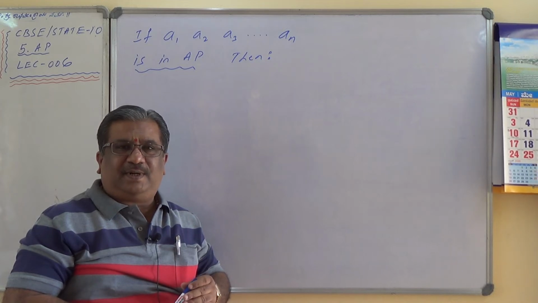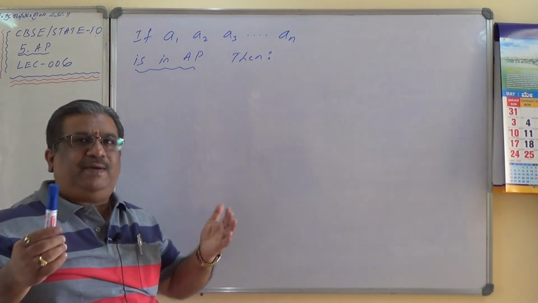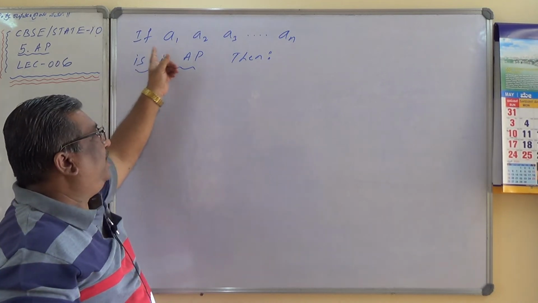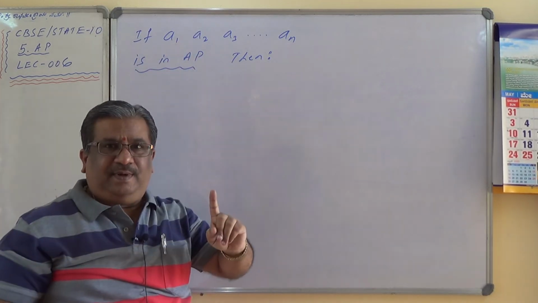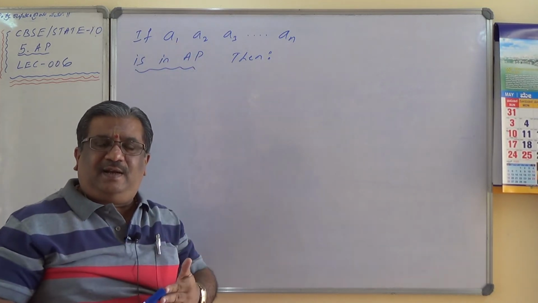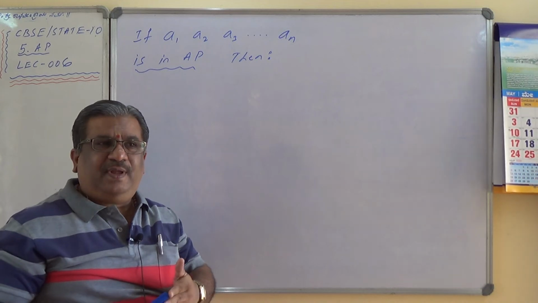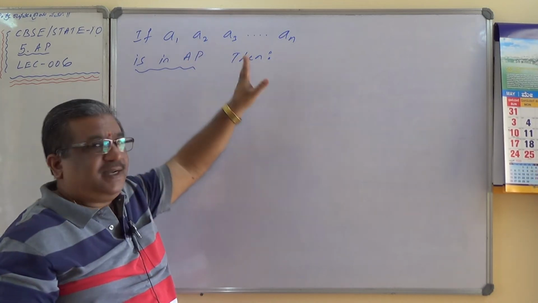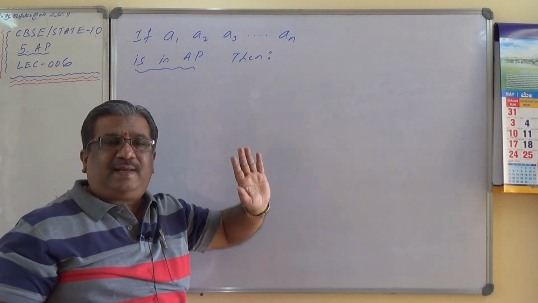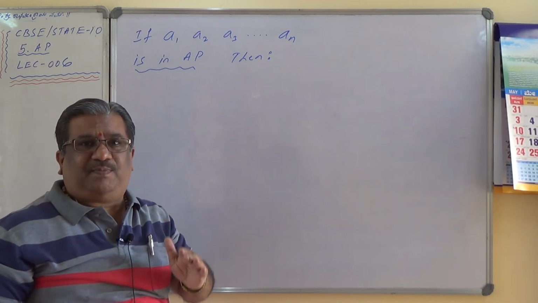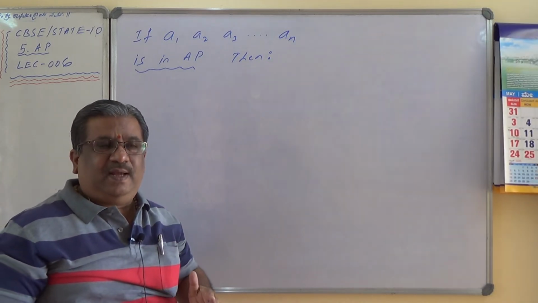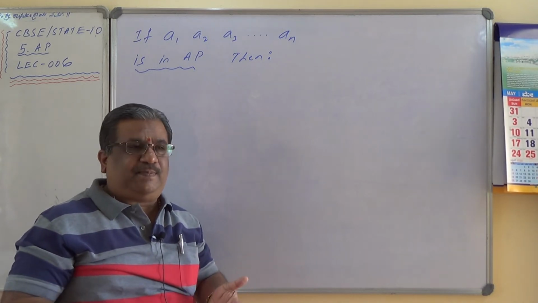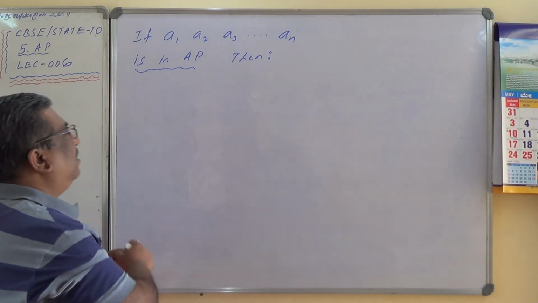Are you able to understand what I am talking about? If I have been given a non-zero constant k, and add to each term here k, then the resulting sequence is a1 plus k, a2 plus k, a3 plus k and so on, isn't it? In that case, that sequence also represents an arithmetic progression. The same is applicable for multiplication, subtraction and division.